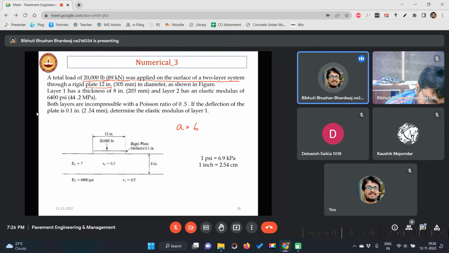Layer 1 is 8 inch, this is H1, and layer 2 is given. E1 you need to find out. The deflection of the plate is given, this deflection here, it's 0.1 inch.